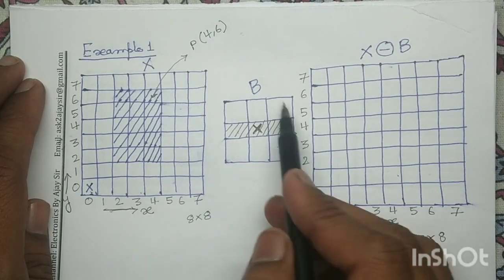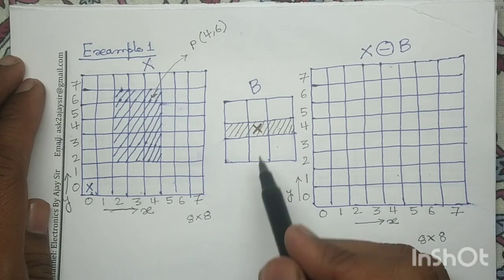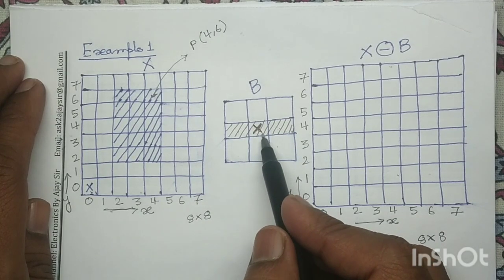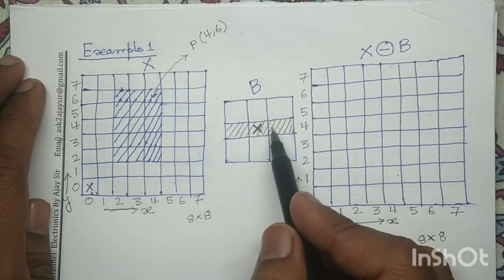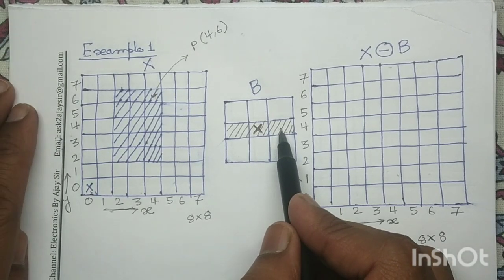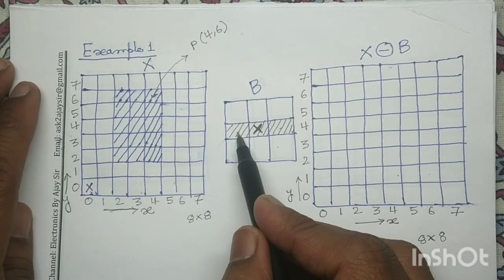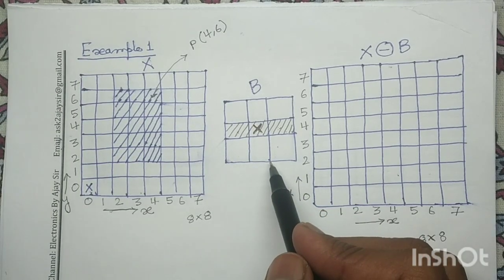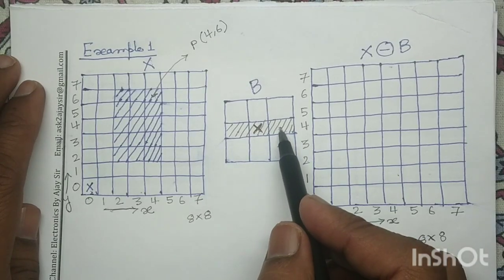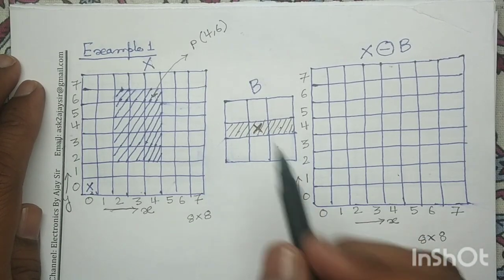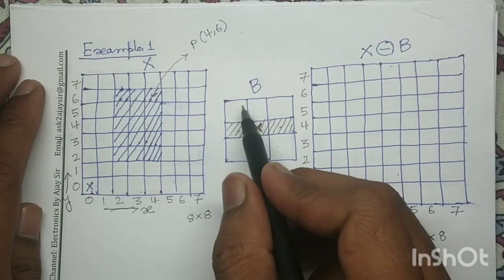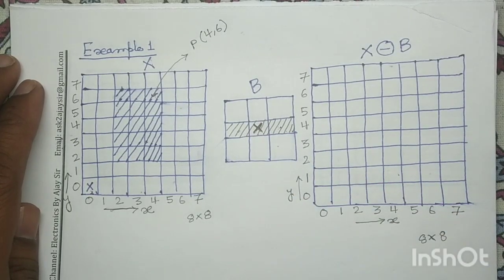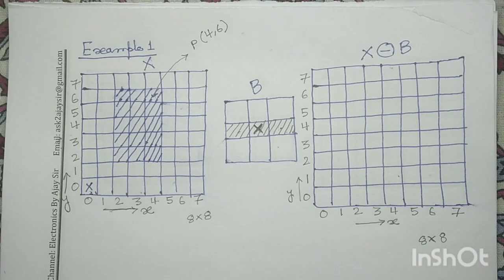Right. Now look at the structuring element. In this structuring element, this is my origin, and the origin is a shaded pixel. Similarly, the right side pixel is shaded, and the left side pixel is also shaded. So for this structuring element B, I have 3 pixels: the center pixel, the right side pixel, and the left side pixel.